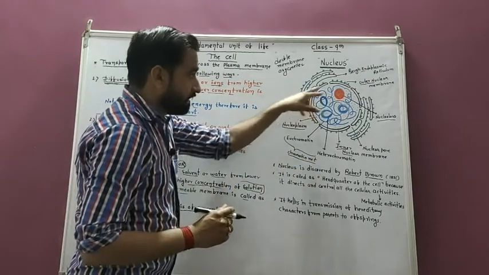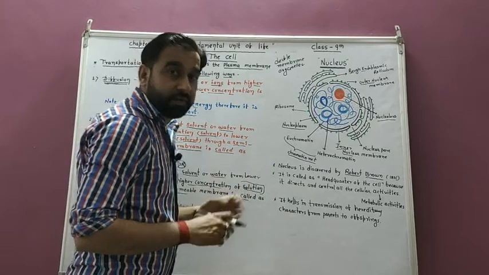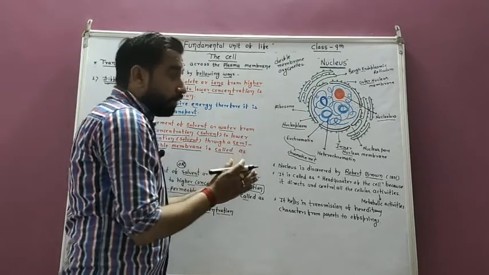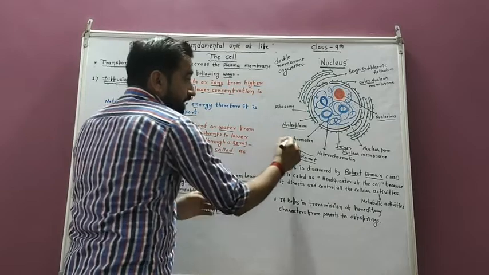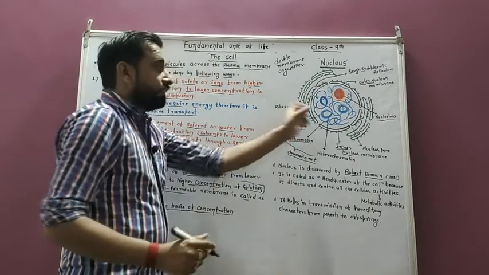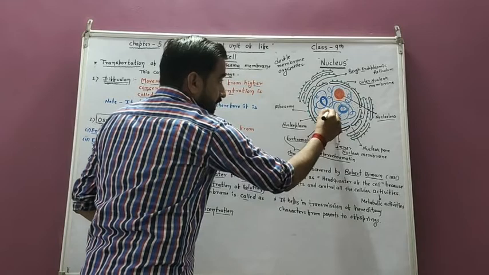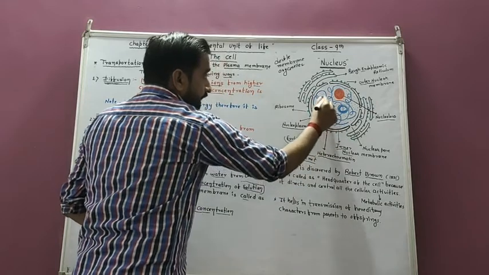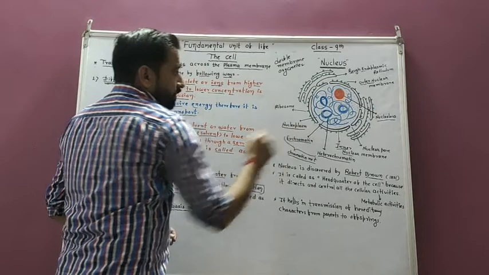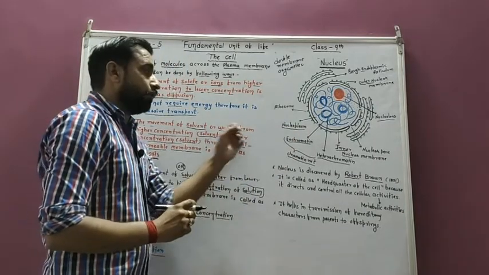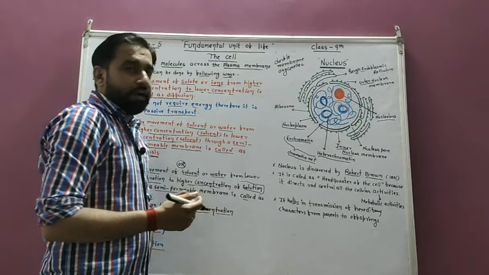And the chromatin net is present. This blue colored net-like structure is known as the chromatin net. It is the genetic material, DNA and chromosomes. Two types of chromatin are present in a nucleus: euchromatin, which is thin, and heterochromatin, which is thick.